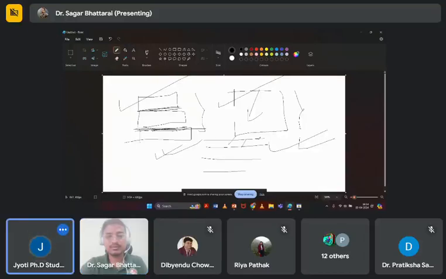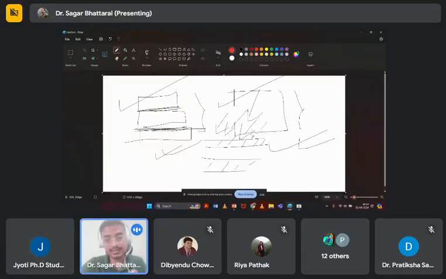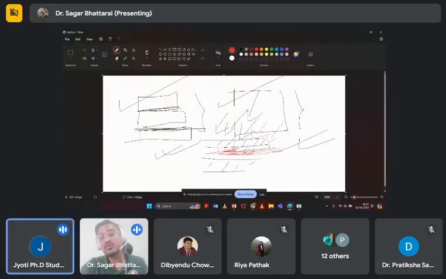Wait a minute. So for the tandem one, this is the top one and this is the bottom one. This is the incident photon. Practically, in simulation you cannot say how much photon is transmitted.